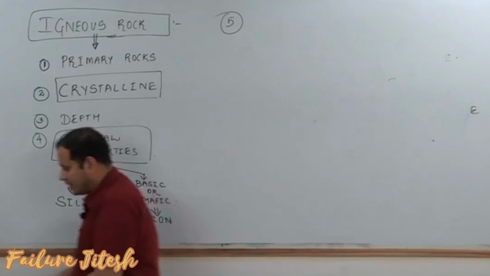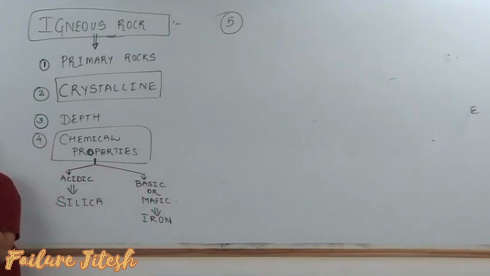The next point is, will this rock contain fossils? Will they contain any fossils? No. Why do they not contain any fossils? Because when these formed, firstly there was no life. Secondly, if they form today, suppose we are the fossils, after 6000 degrees Celsius will anything remain?